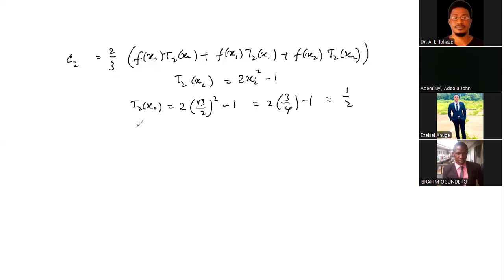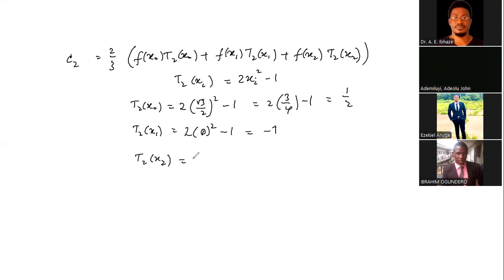And then T2 of S1 will be the same as 2 S1 squared minus 1. And that will now give us 2 into bracket 0 squared minus 1, which is the same as minus 1. And then T2 of S2 will be the same as 2 S2 squared minus 1.